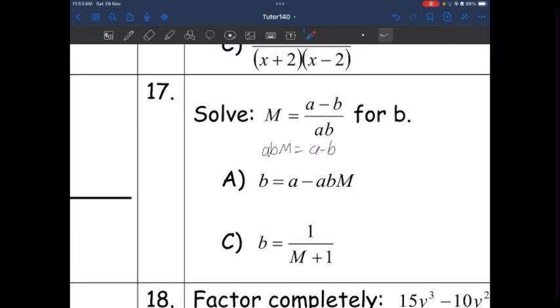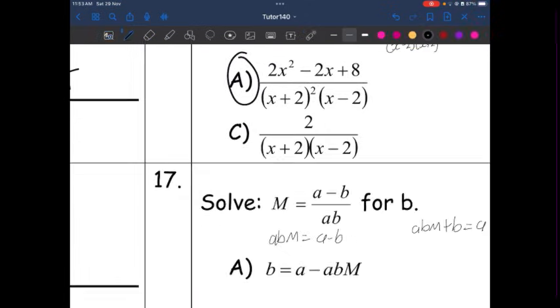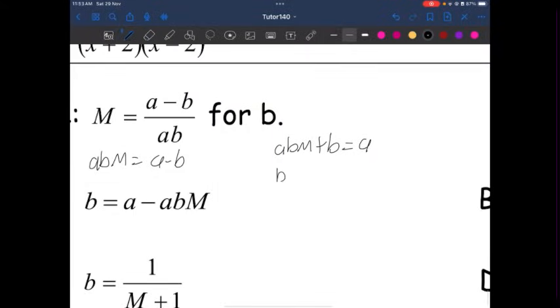Now I'm going to send all the b's to one side. So I'm going to send this b over and transpose it. When I transpose it, it's going to become a positive b. So now we're going to have abm plus b is equal to a. Now I'm going to factor out b from both terms. So this would be b(am plus 1) is equal to a.